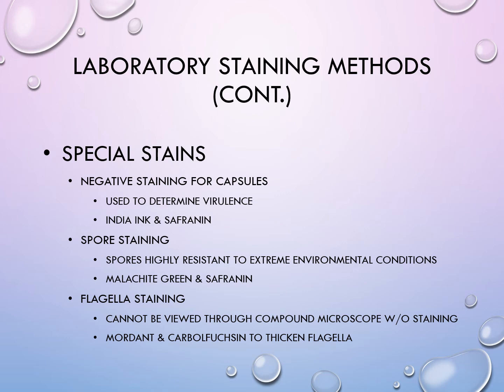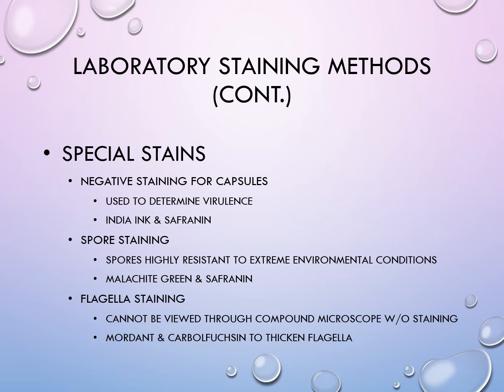And so the second one is spore staining. Remember, a spore is a way that a bacteria protects itself when there's harsh environmental conditions, so it can kind of hunker down and weather the storm, and then it can return to its vegetative state after the environment is more suitable for it.